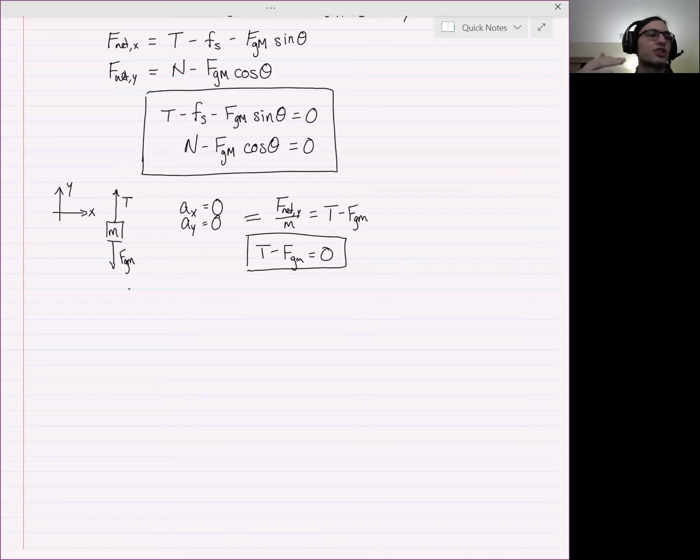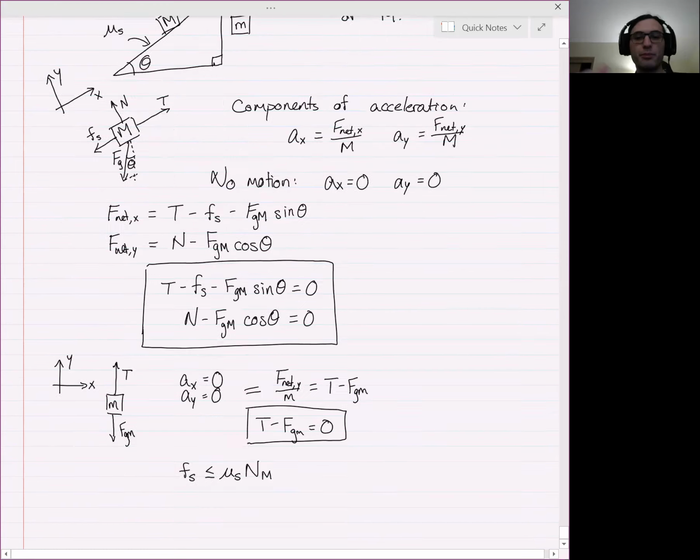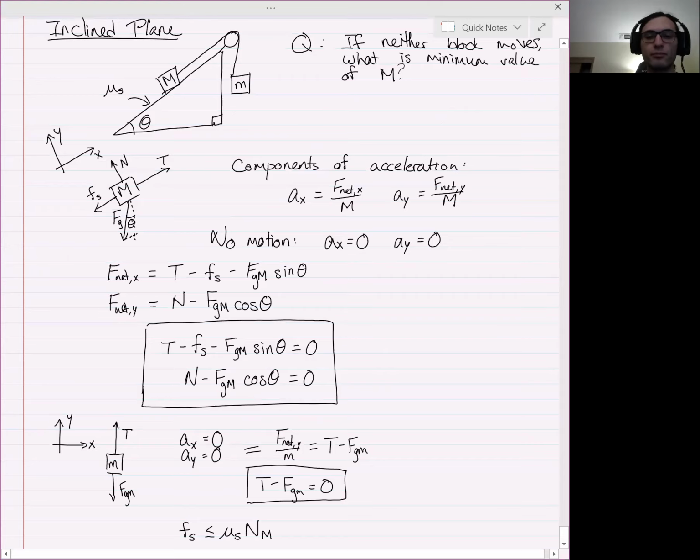But if m is sufficiently small, then the gravitational force helping pull capital M down is smaller, and hence we have to have a larger static frictional force. And when m is at its minimum value to remain stationary, the static frictional force will be at its maximum value. So remember that the formula for the magnitude of the static frictional force is mu sub s times n. And in this case, this is the normal force of the block with capital M inside of it.